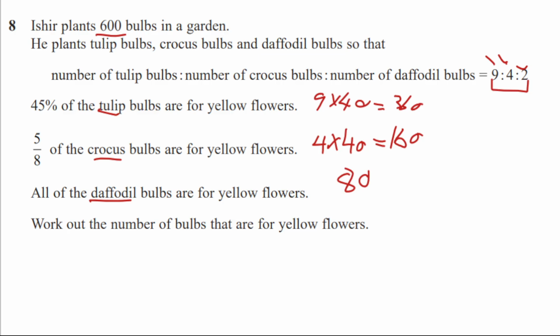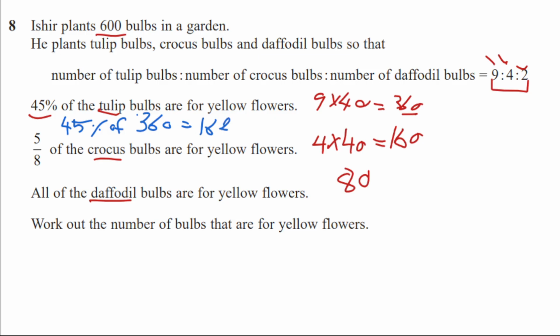Now, then we need to know what's 45% of this 360, right? So we do 45% of the tulips, which is 360. Plug that in your calculator and it will give you 162. That's very good.